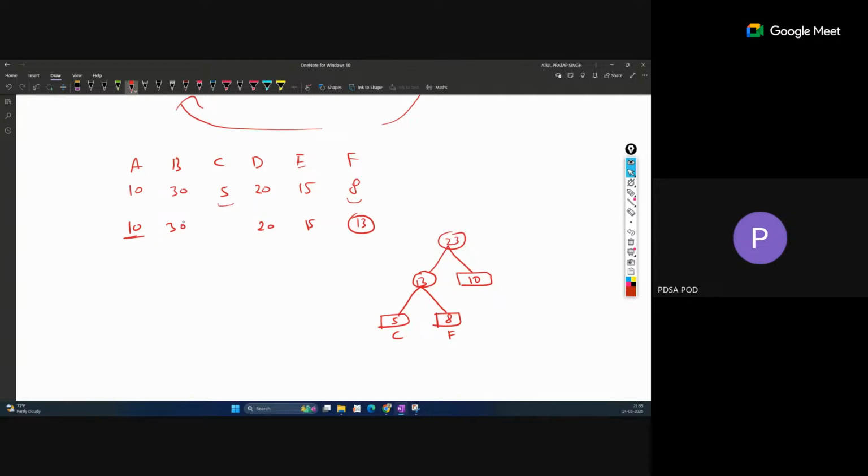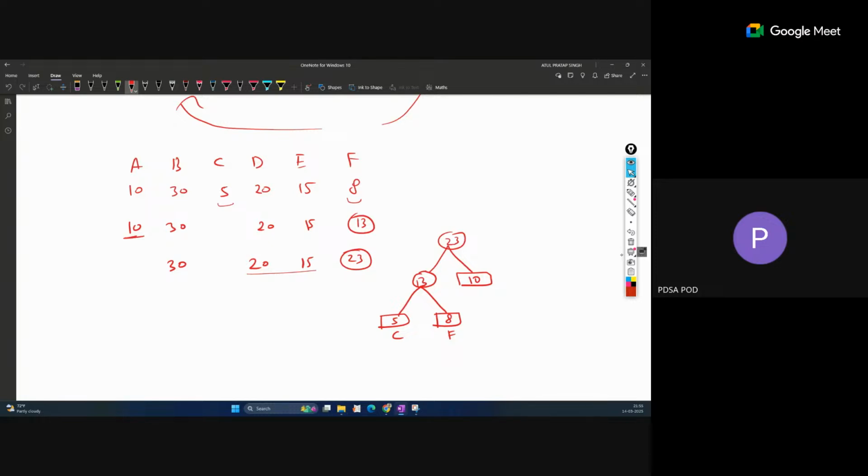Now this is also done. So we have 30, 20, 15, and this 23. Which are the two smallest now? 15 and 20.